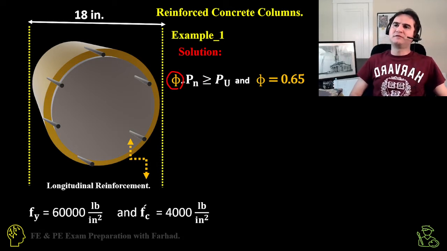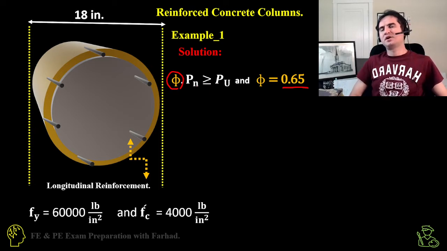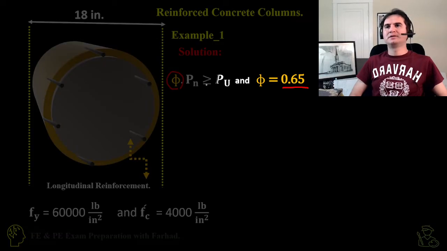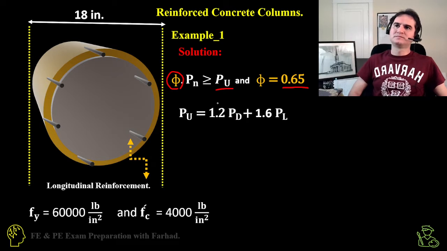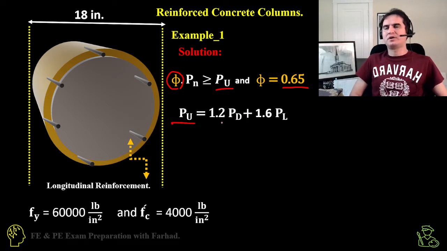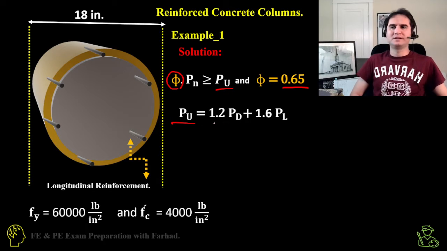So that's phi, which is 0.65, times the nominal axial force in the column, which should be greater than the ultimate load, which is a combination of live and dead loads. So Pu, the ultimate axial load of a short column, is equal to a coefficient times dead load plus a coefficient times the live load.